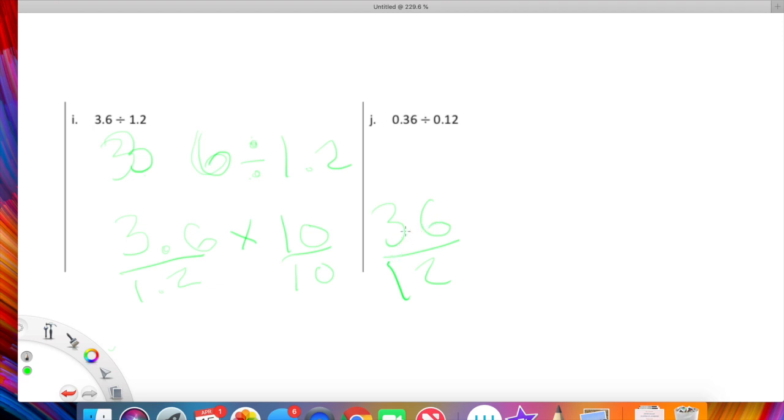If you were to do it on a place value chart, it'd go to the left over 1, and then the 3 would be in the tenths place, and the 6 would be in the ones, so it would be 36 twelfths. So 36 divided by 12 is 3, because 3 times 12 is 36. So our answer is 3.